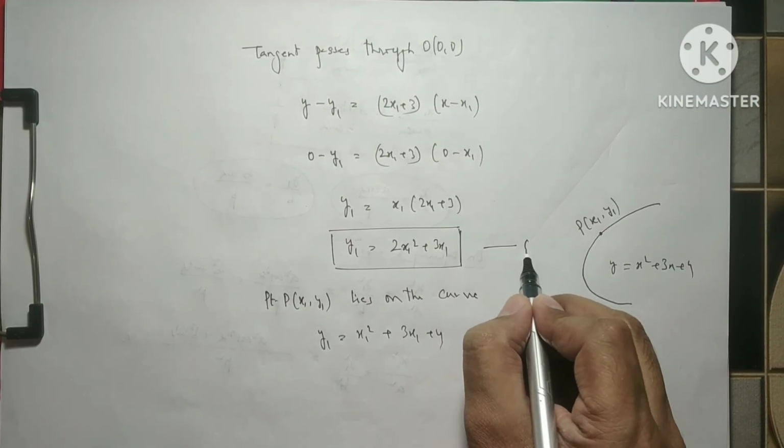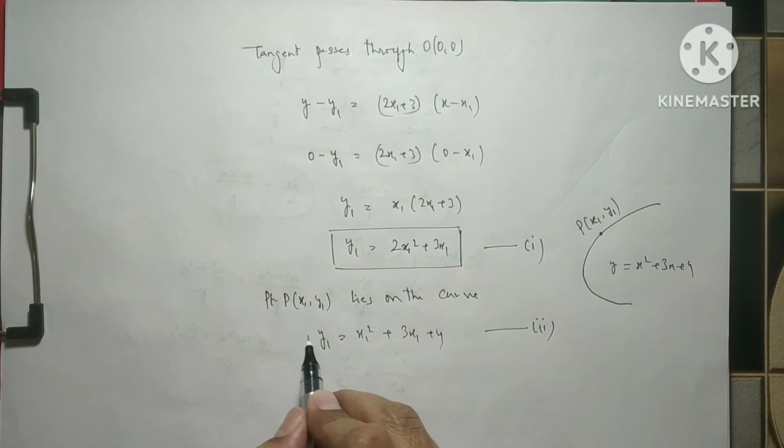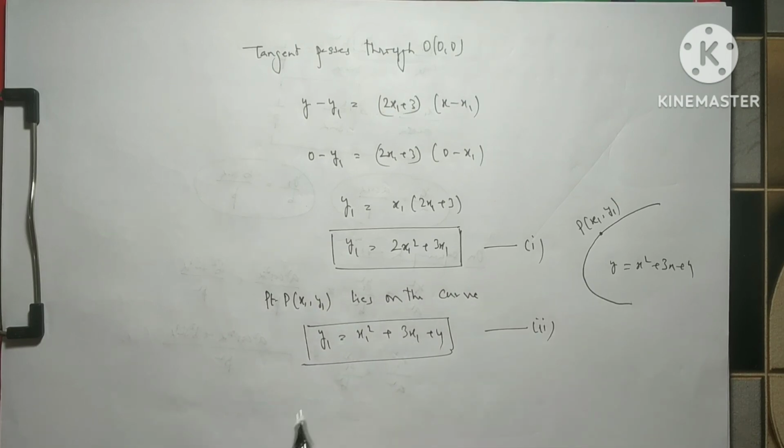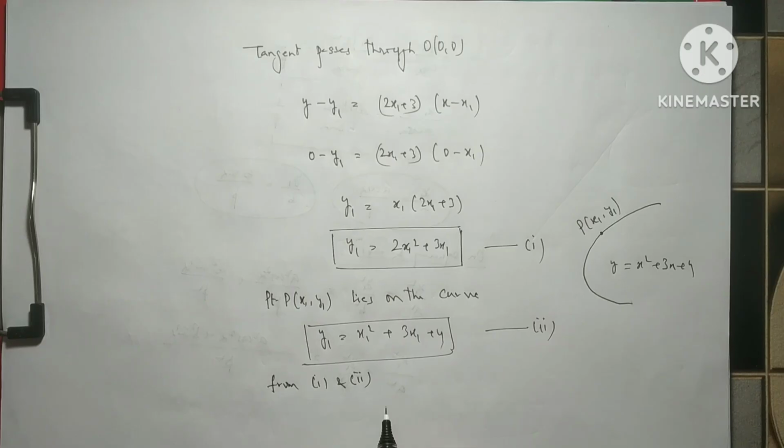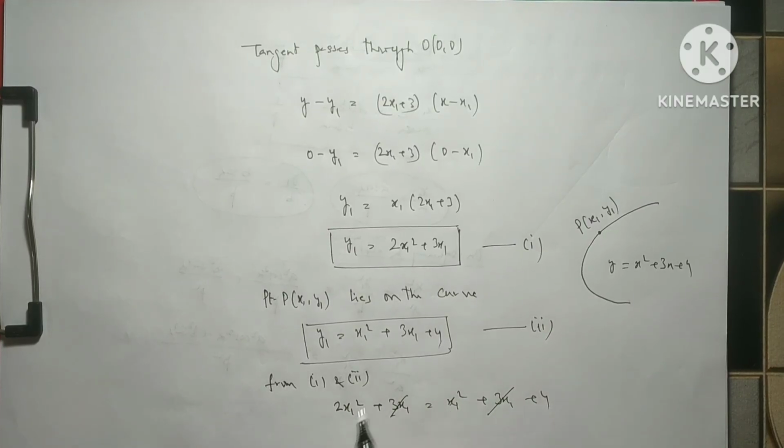So again this is the value of y1 and this is the value of y1, so we can equate these two. From 1 and 2, 2x1 square plus 3x1 equals x1 square plus 3x1 plus 4. Cancel out 3x1 and 3x1, and this comes here, and you get x1 square equals 4. That means x1 equals plus minus 2.